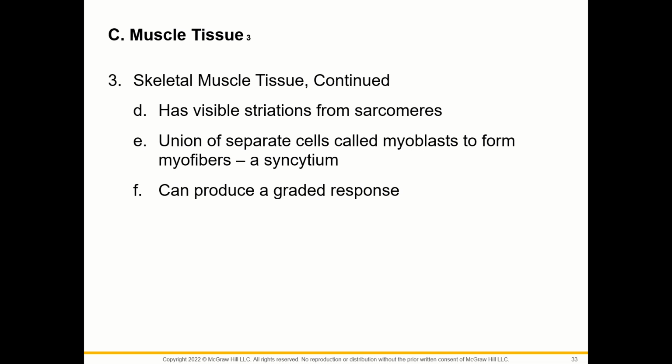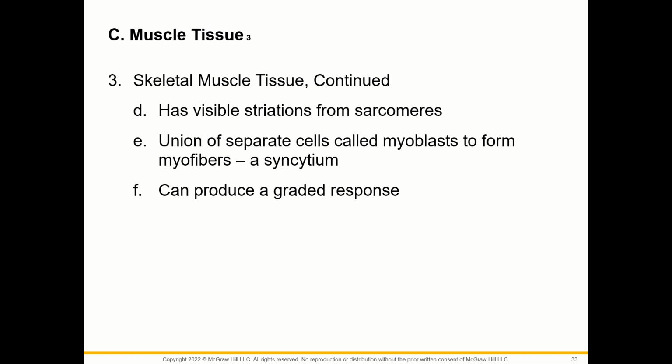During embryonic development, the union of separate cells called myoblasts form myofibers. Myofibers are the muscle cell, and they are considered a syncytium, meaning that they are a multinucleated cell.